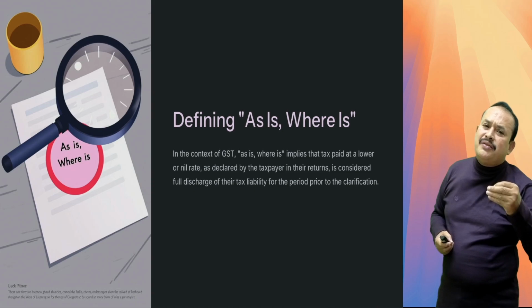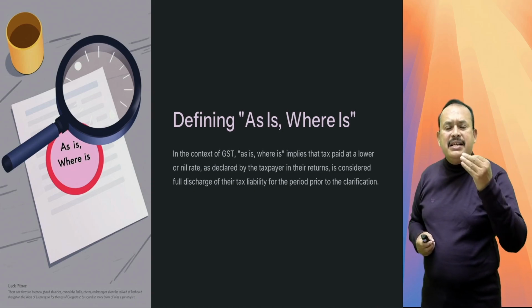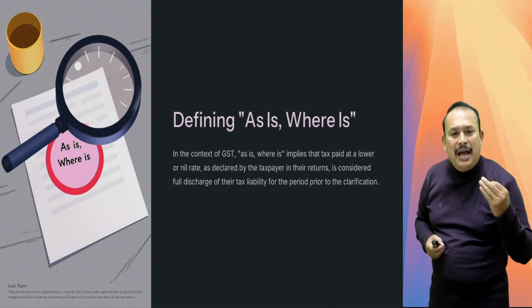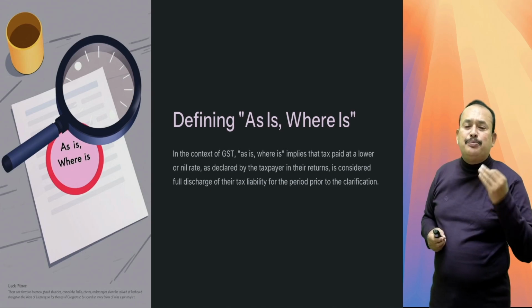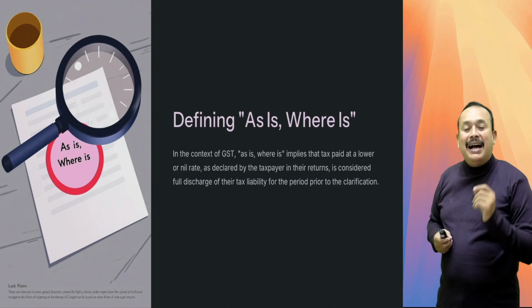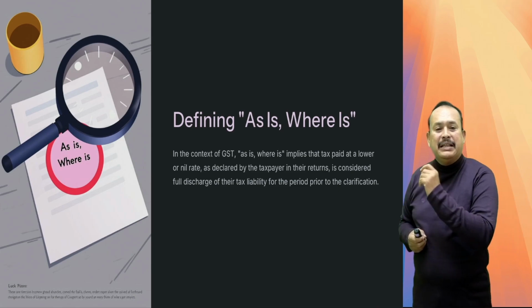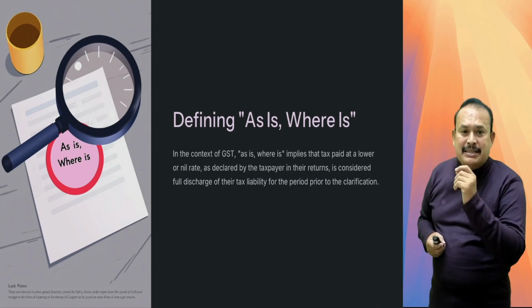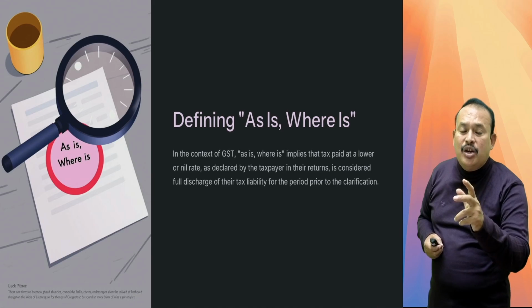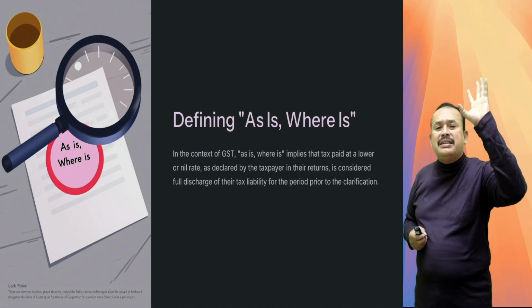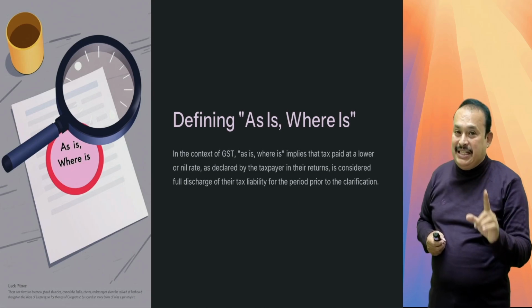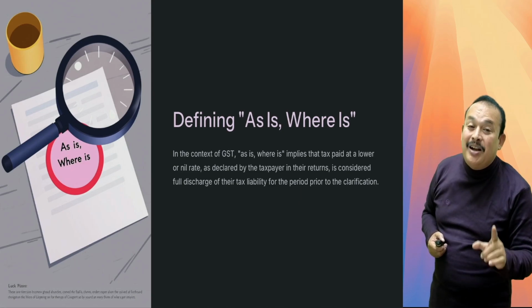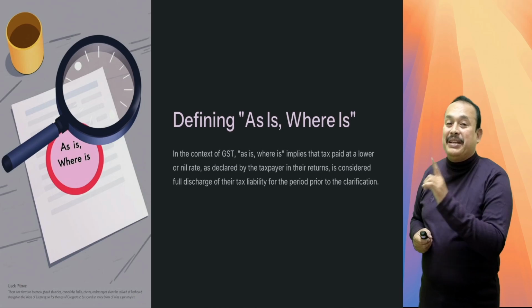In the context of the GST law, "as is, where is" implies that tax paid at a lower rate or tax paid at nil rate as decided by the taxpayer in their returns is considered full discharge of their tax liability for the period prior to the clarification. Important point to note: for the period prior to the clarification.